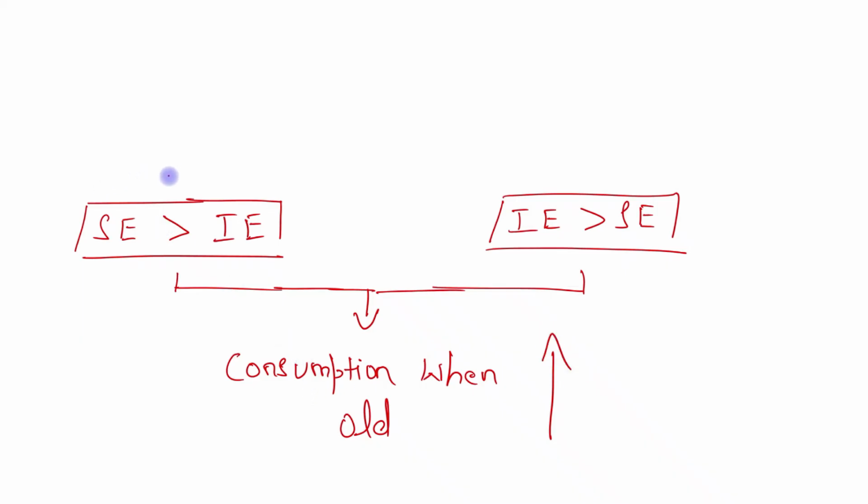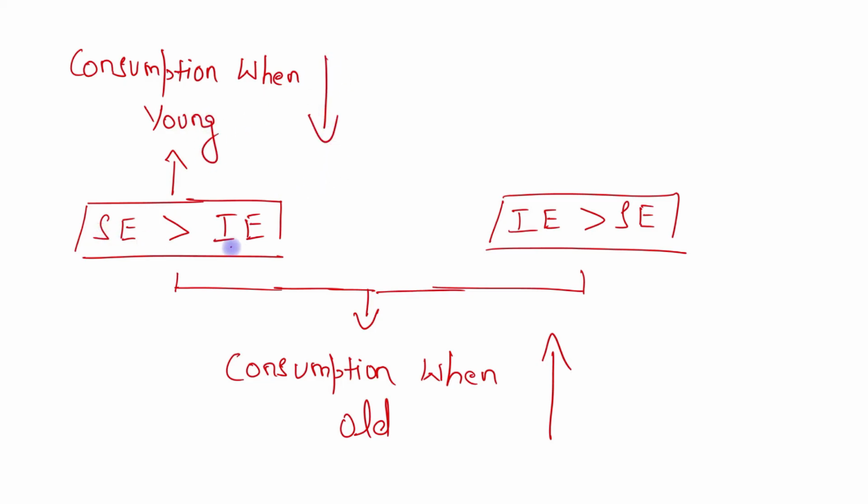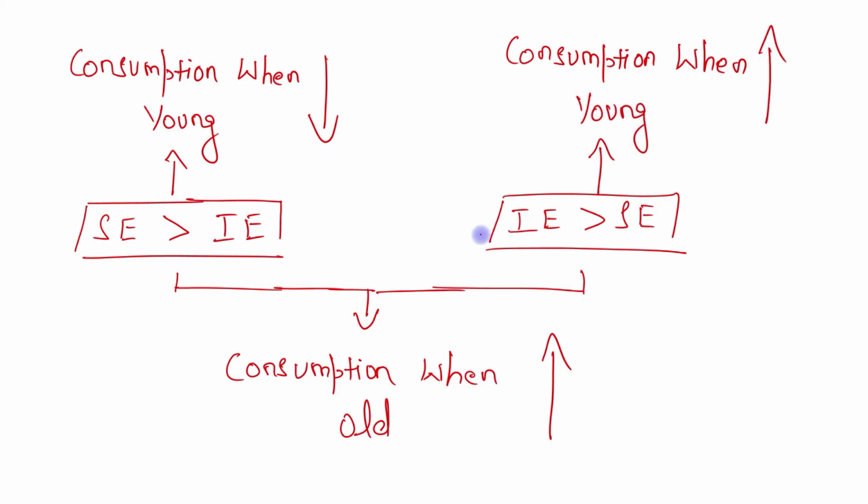Okay, but in this case consumption when young is decreased because the substitution effect dominates the income effect, and in this case consumption when young will be increased because the income effect dominates the substitution effect. Clear?